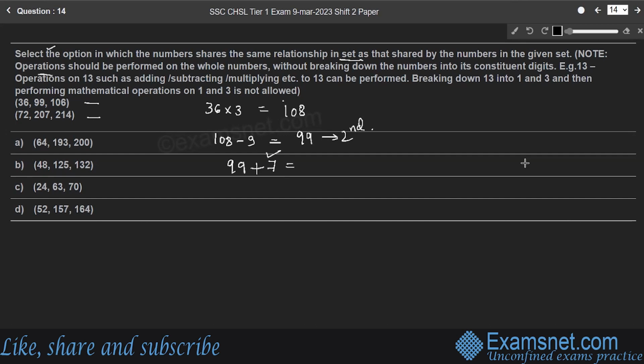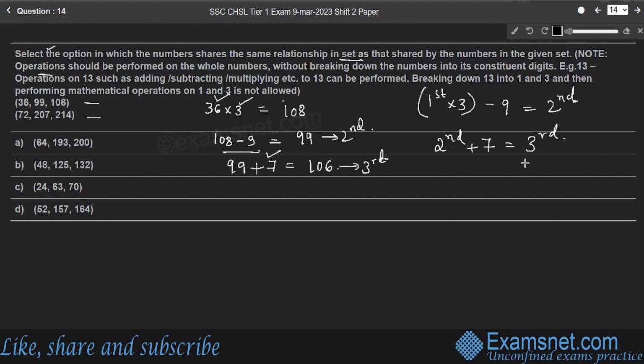So 99 plus 7 gives 106, which is third number. Here the logic is first number into 3 minus 9 is equal to second number, whereas second number plus 7 gives third number. Right? Therefore, second set also follows the same logic.